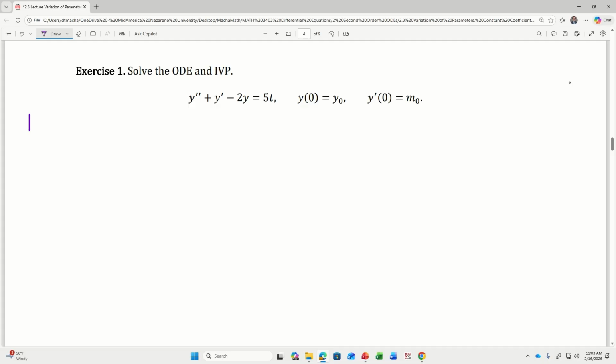And if this were homogeneous, my equation would look like y double prime plus y prime minus 2y equals 0. And then to solve, I would have to write the characteristic equation down.